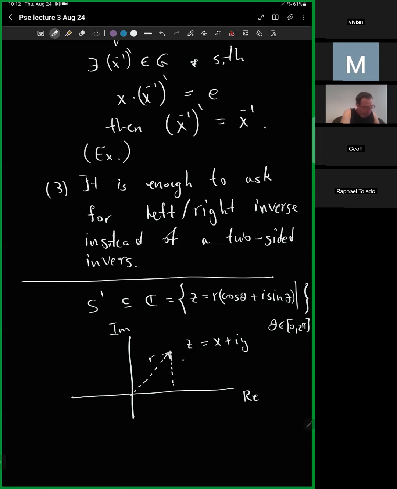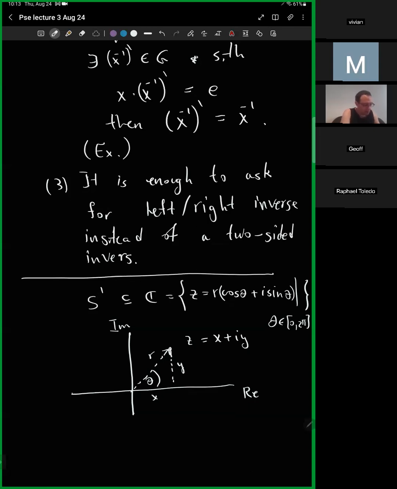Of course, this is y, and this is x. And here you have theta, which is the angle that z creates with the positive direction of the x-axis, or the real axis.